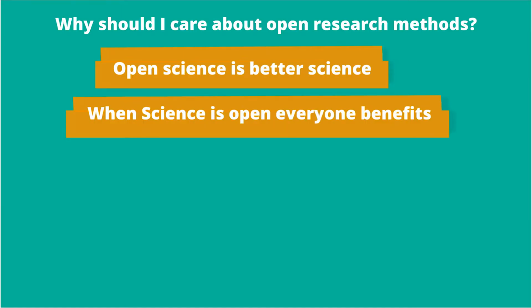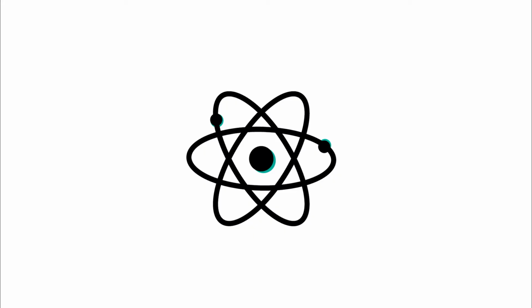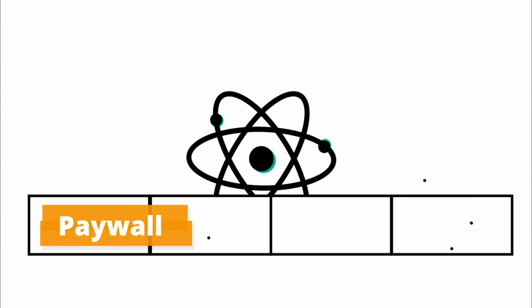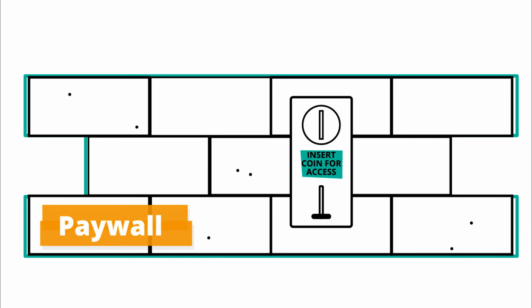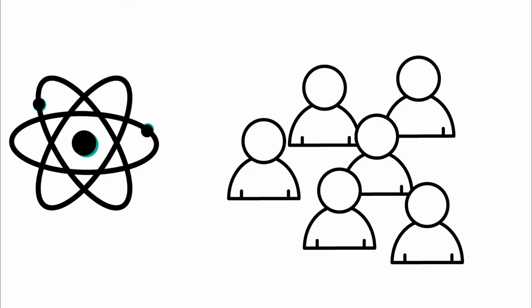When science is open, everyone benefits. In the traditional system of scientific publishing, more and more scientific knowledge is stored behind paywalls. Neither the individual scientist nor society, which often pays with taxes for publicly funded research, benefits from the system. It's that simple.